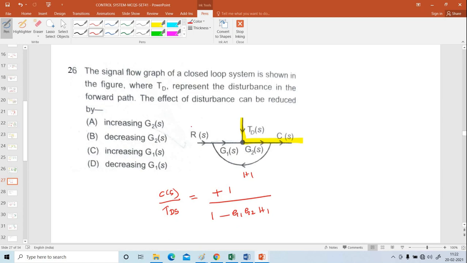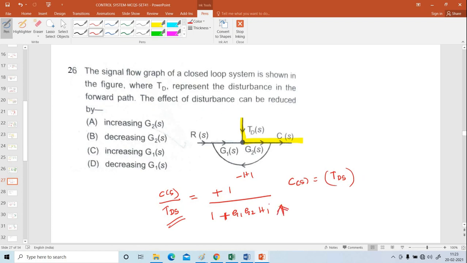Okay. And C represents 1 plus G1, G2 into H1. And the effect of disturbance, C of S into TD of S, can be reduced by increasing the value.